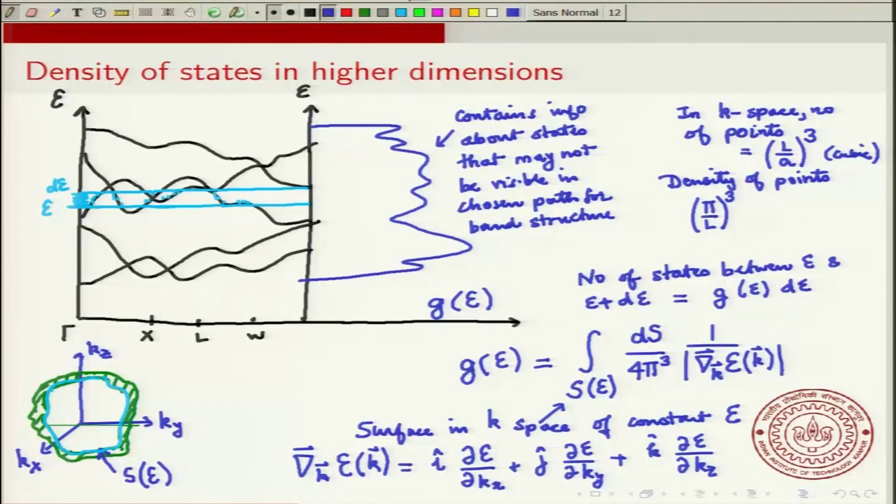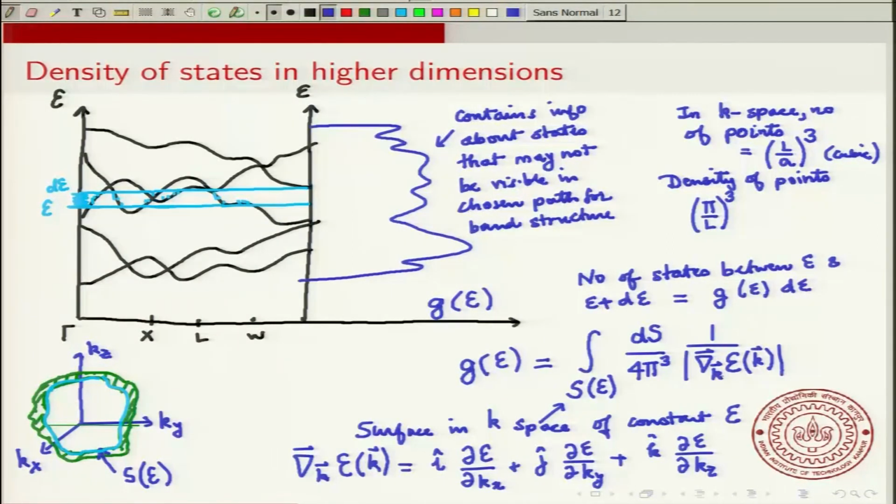Okay. So, this is the expression for the gradient, and using this expression you can calculate the density of states in higher dimensions.